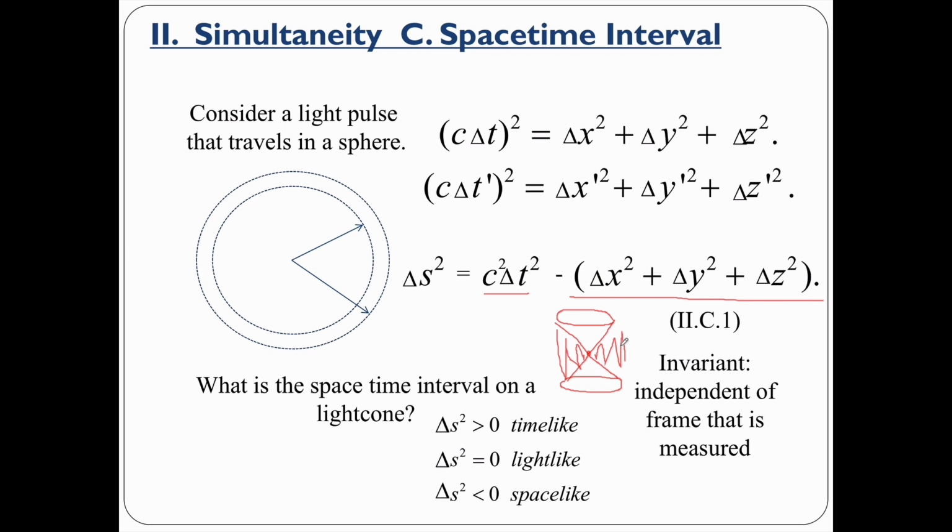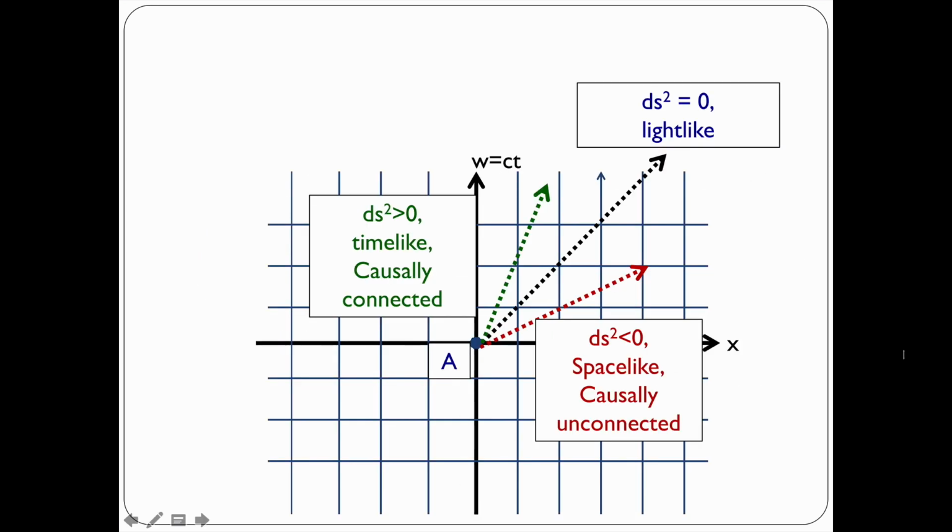Outside here, nothing's causally connected. You should convince yourself where events are time-like and where they are space-like. Are space-like events outside or inside the light cone? Can they be causally connected? And the same with time-like events.